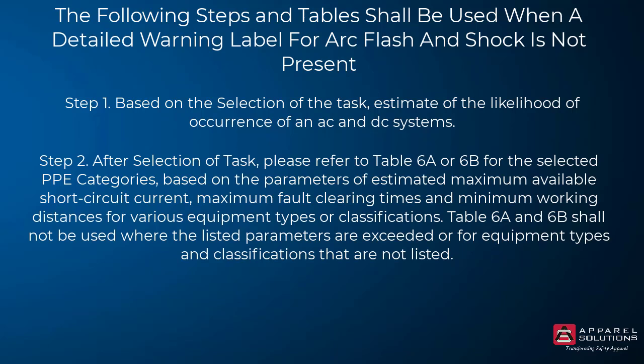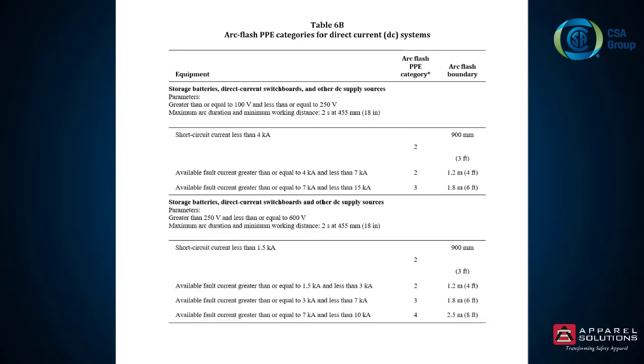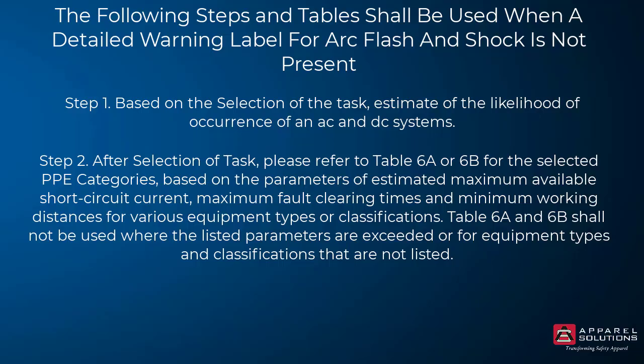After selection of the task, please refer to Table 6A or 6B of CSA Z462 for the selected PPE categories based on the parameters of estimated maximum available short circuit current, maximum fault clearing times, and minimum working distance for various equipment types or classifications.